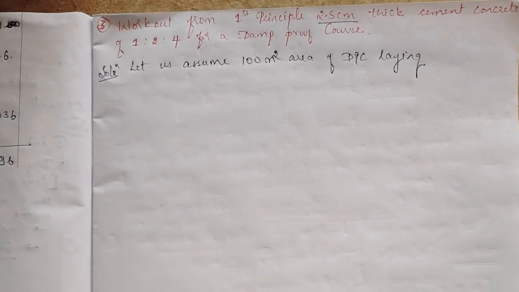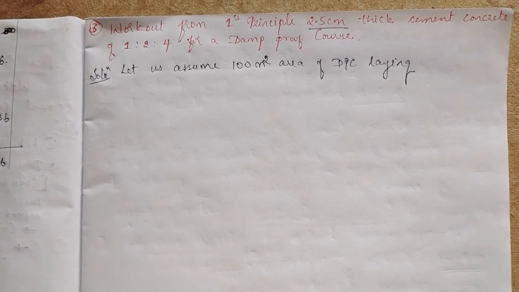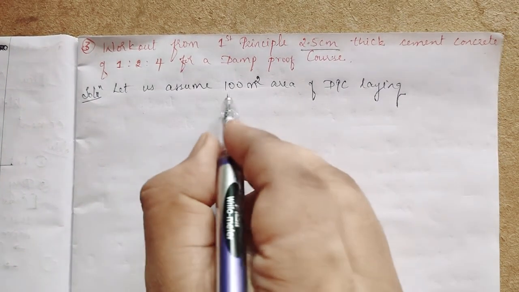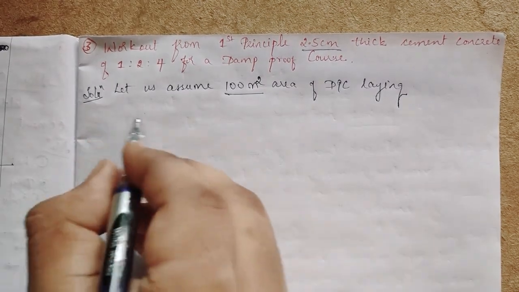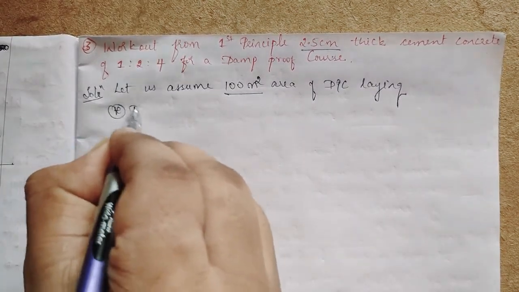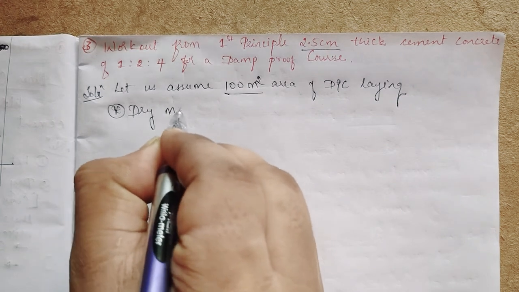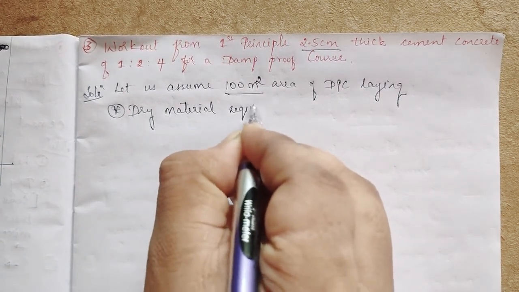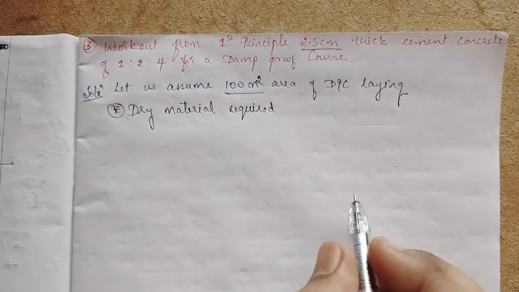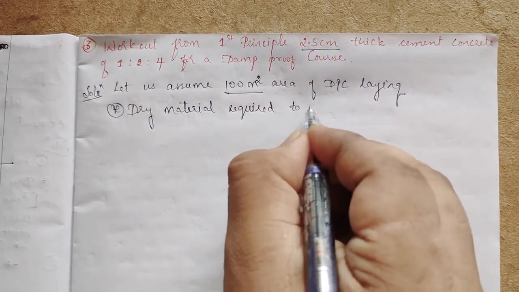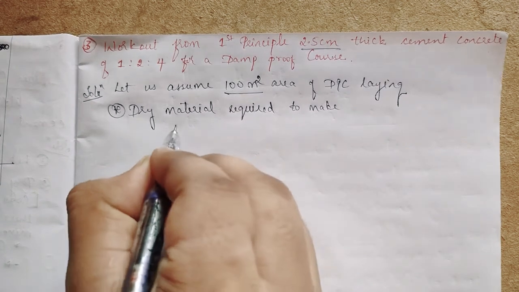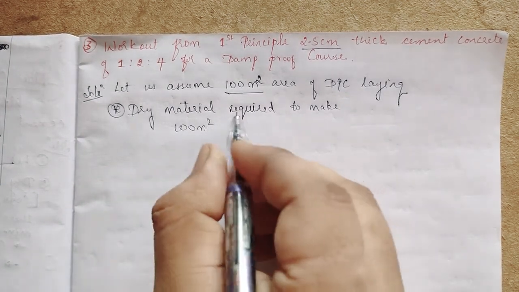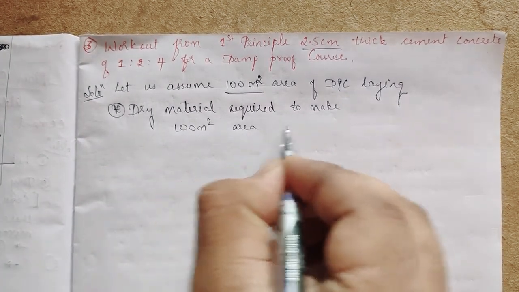If you assume 100 meter square of area, what is the dry material required to make 100 meter square area?